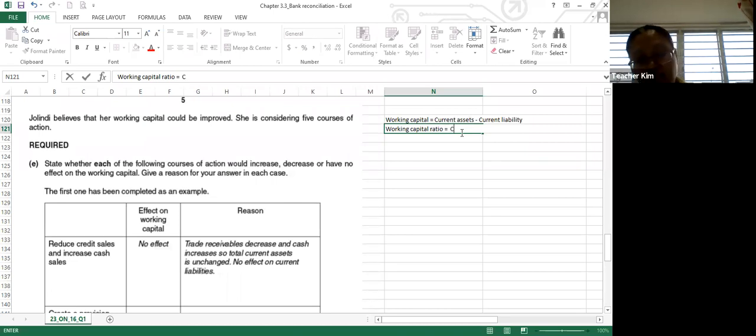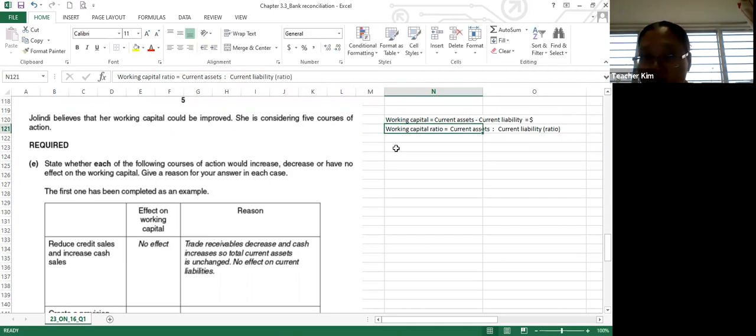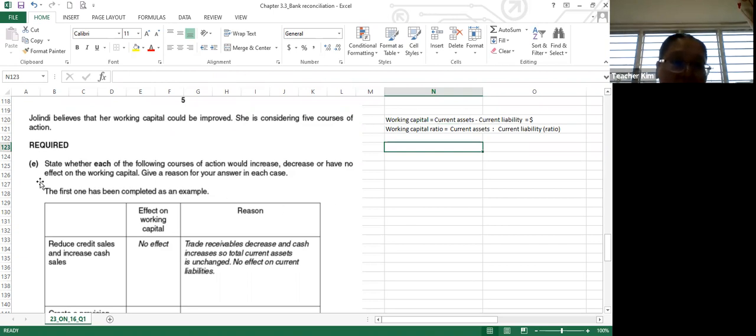This one is current asset to current liability, in ratio format. Whereas this one is the answer in dollars. So take note of the differences. Don't get the wrong info. Okay, now next.